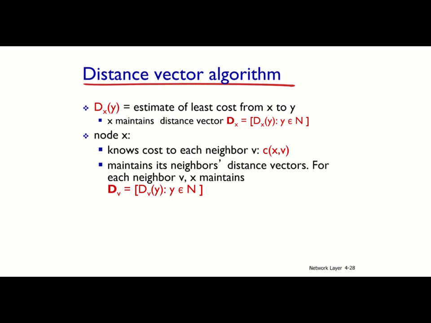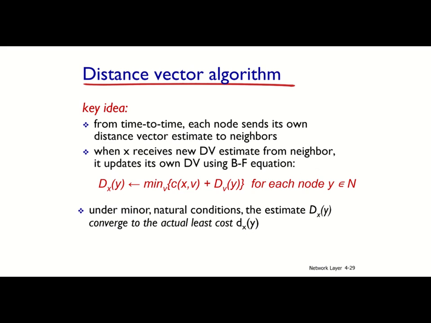Also, if something changes in the network, for example the cost of a link, then the distance vector of a router will change, and that router is responsible for advertising this change to all of its neighbors, and this way everyone can have the updated information.